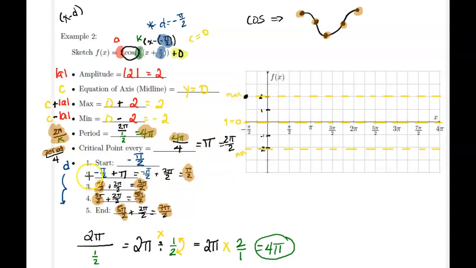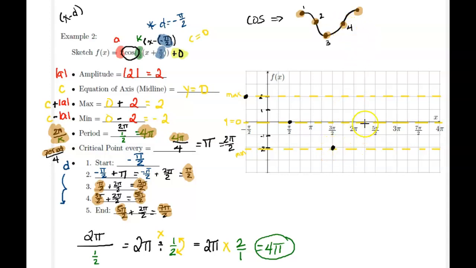My next critical point, number 2, is at +pi over 2, and that puts it at my midline. My third critical point, 3 pi over 2, is down at my minimum.